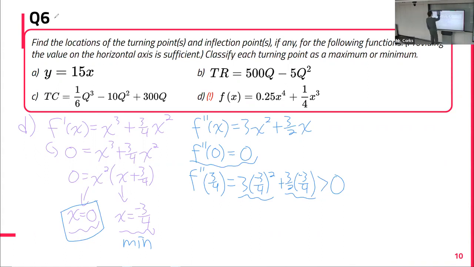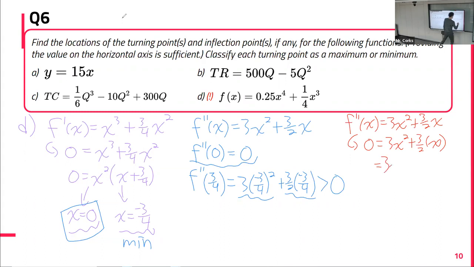Let's see if there are any other inflection points. Using our second derivative, which we said is 3x squared plus 3/2 x, we set this equal to 0. If we try to solve this, what can we do? Let's factor out the 3 and an x. And we are left with x plus 1/2.